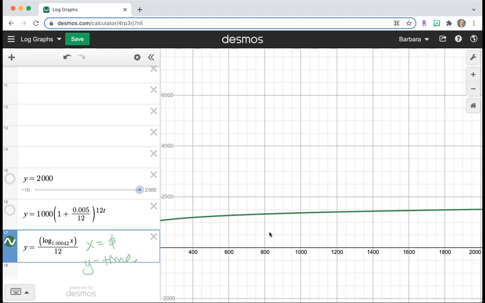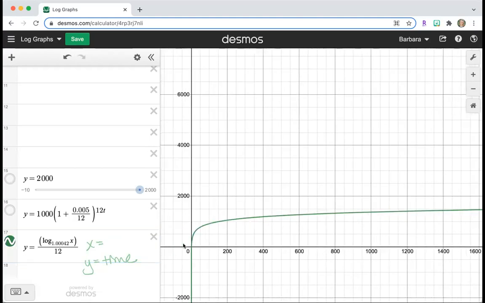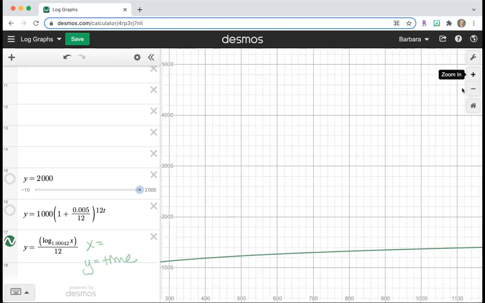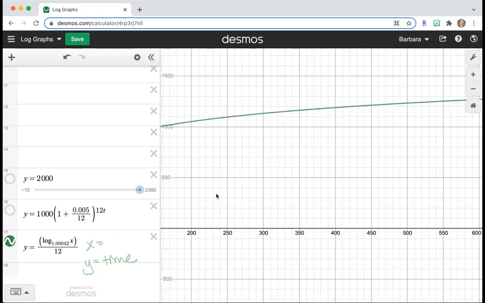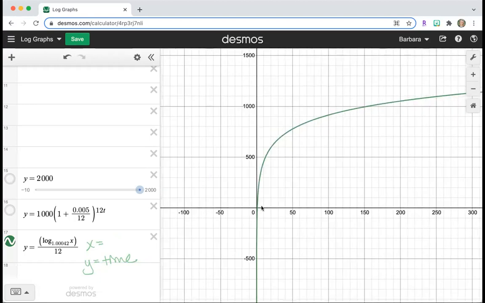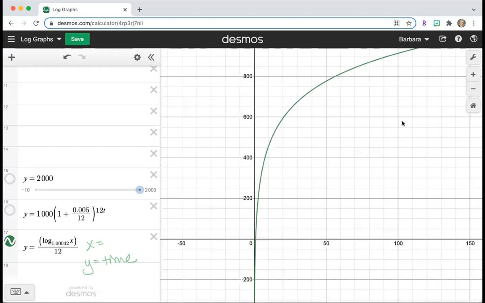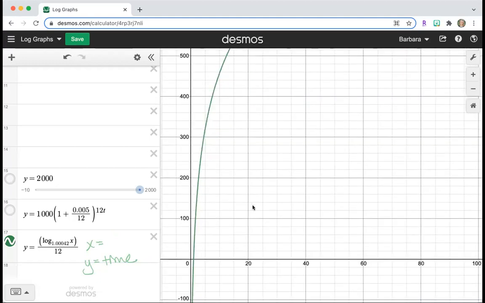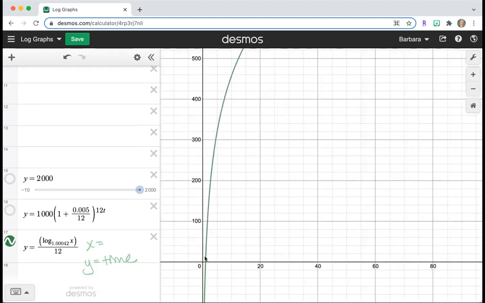What we want to see is that this isn't our money, but this is kind of that rate. So let me zoom in. We want to know when our money doubles, so we want our X value to be actually not 2,000, but 2.